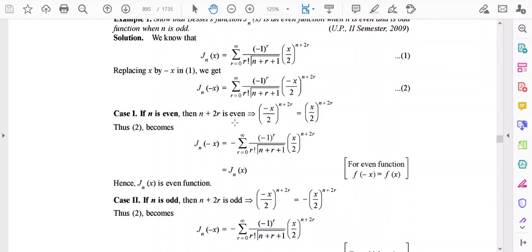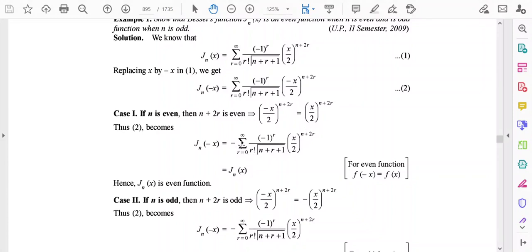We can check it. Suppose n is 2. Now 2r is an even number, so n plus 2r must be even. So we can write minus x by 2 to the power n plus 2r is equal to x by 2 to the power n plus 2r.